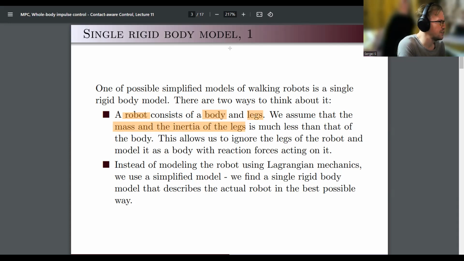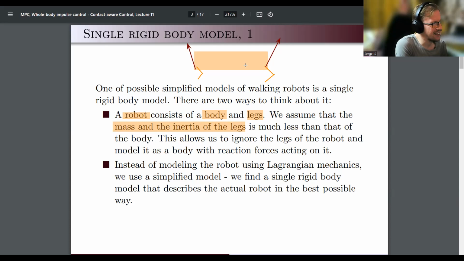You have a robot, right? And instead of thinking of a robot as a mechanism with complicated dynamics of the body, dynamics of the legs, instead you say, okay, let's forget about the legs. Let's just imagine that the dynamics of the robot is kind of like the dynamics of a rocket, where you have reaction forces placed at the joints where the legs are. So somehow you imagine that there's a source of reaction force that acts directly where the joints are applied.